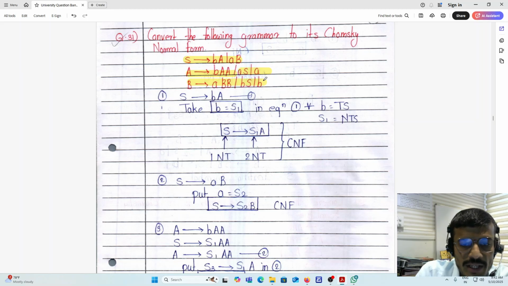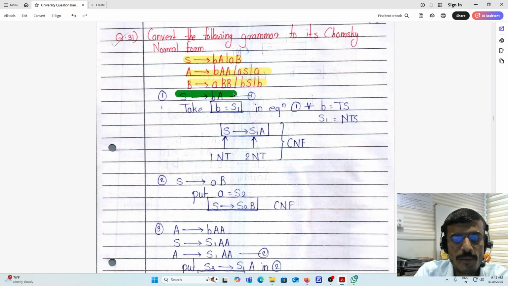Now if you take the very first production, S tends to BA, what we can do is substitute B by S1 in equation number 1. It will give you S tends to S1A.